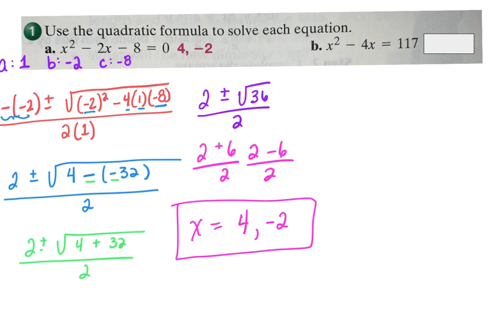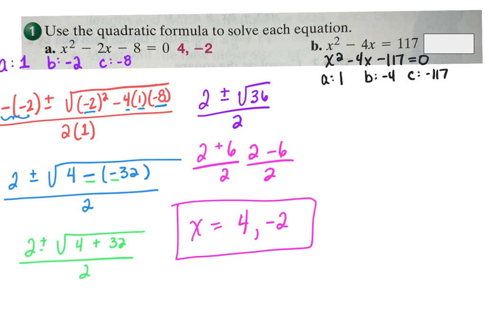All right, so I have to get this equal to what before I can even start? 0. So I need to move that 117 over. So you get x squared minus 4x minus 117 equals 0, right? So my A is what? 1. My B is -4, and my C is -117.